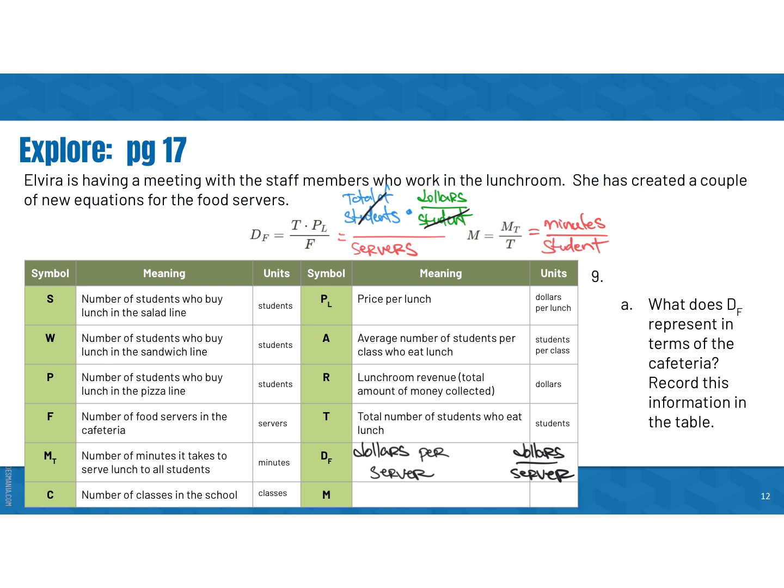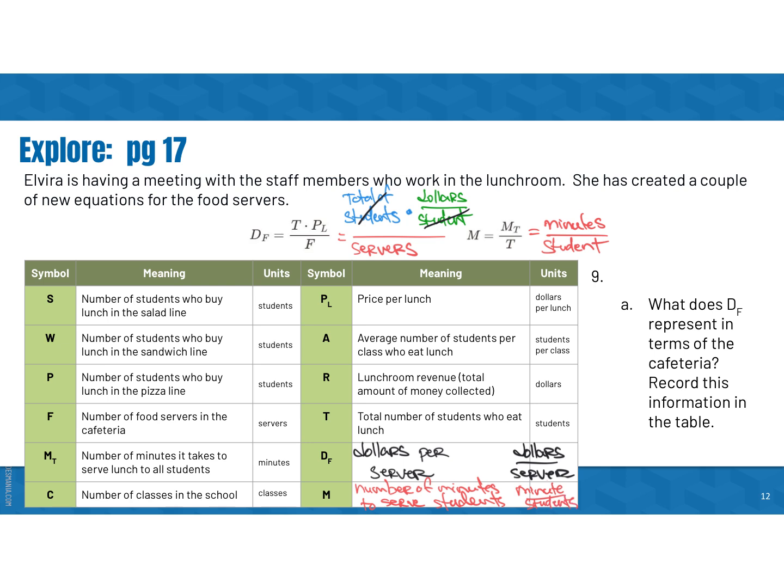So it's the number of minutes to serve students. This is how we figure out how long lunch is, how long it's going to take to serve all these kids, plus give you some time. So it's minutes per student.